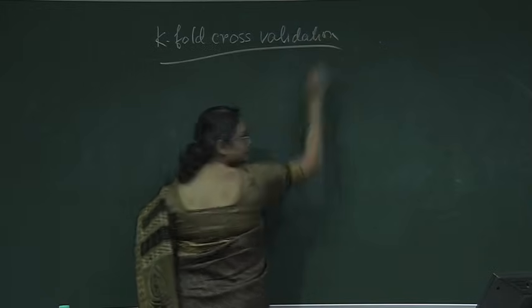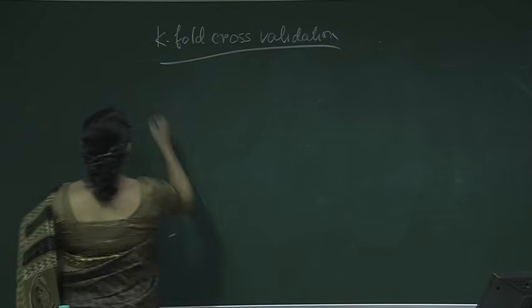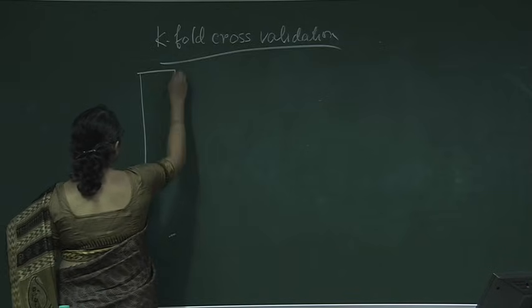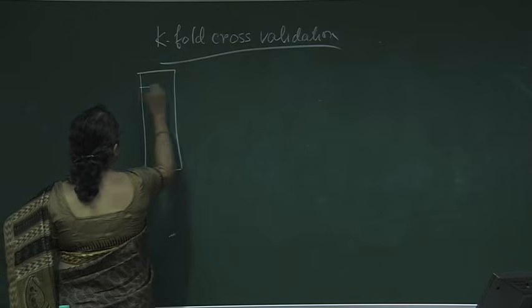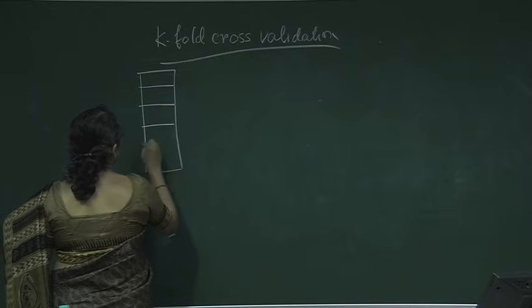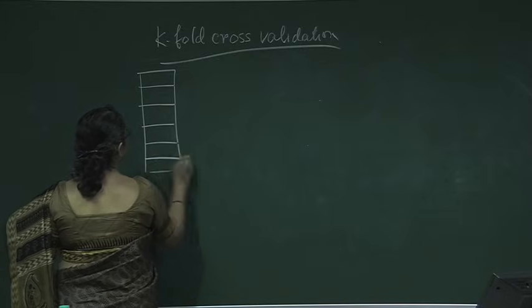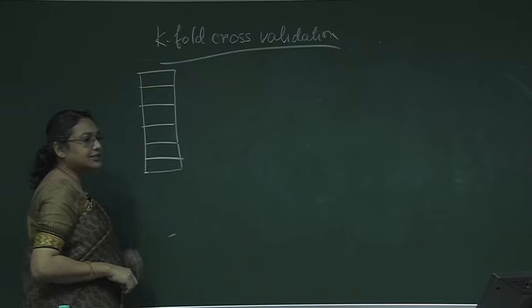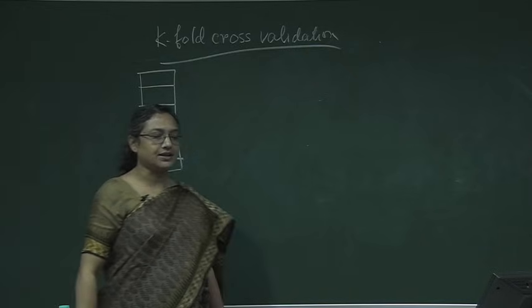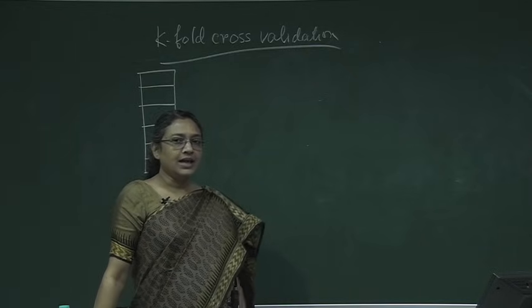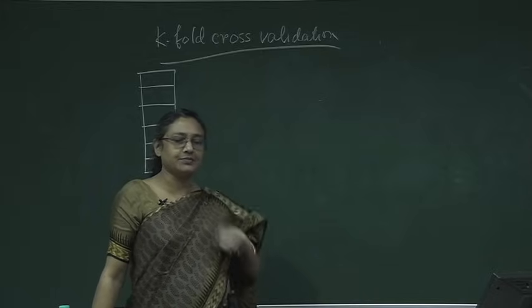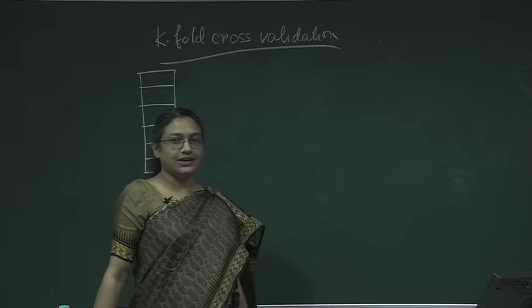In k-fold cross validation, what we do is that we take the entire training data that is available to us and we split it into k subsets. So, suppose k equal to 6, we will split the data into k subsets. Then we will perform k experiments, so k rounds of learning.